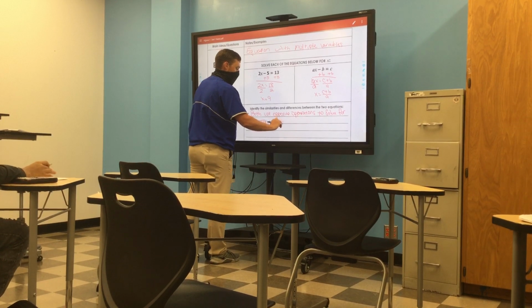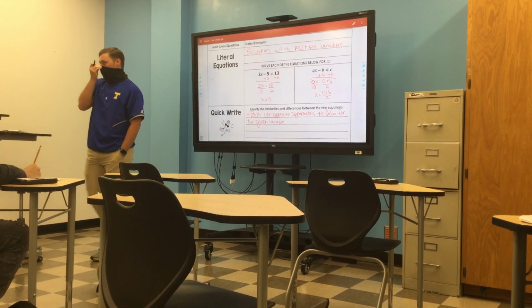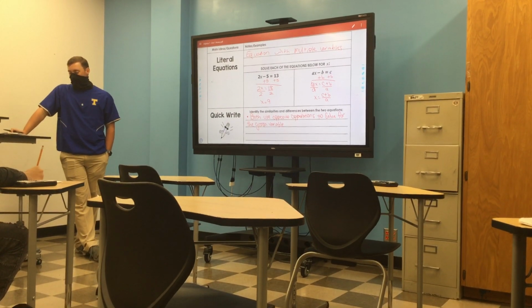If you look at this problem, it told us it wanted us to solve for x. Okay, we used our inverse operations to get x on the side by itself.